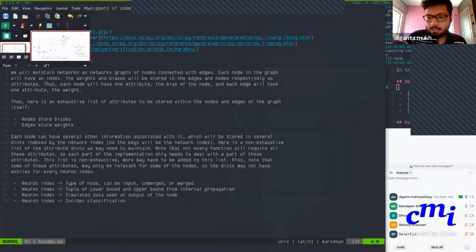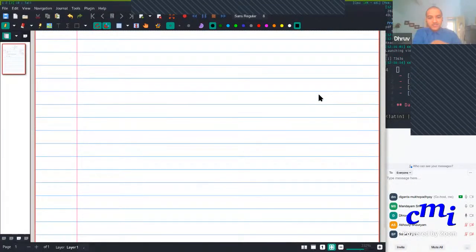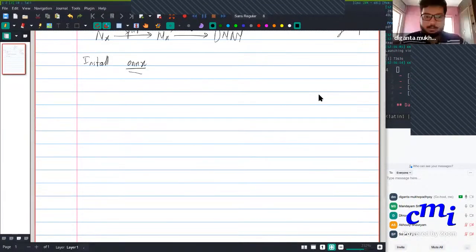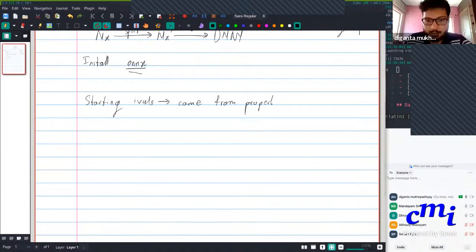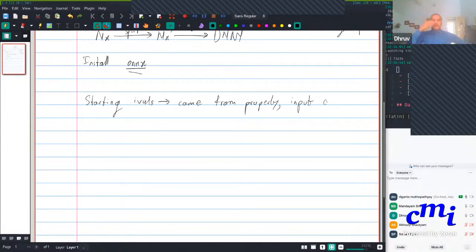Okay, sure. So what interval do I start out with? The starting intervals for interval propagation should come from the property. Whatever the input constraints are. Right.